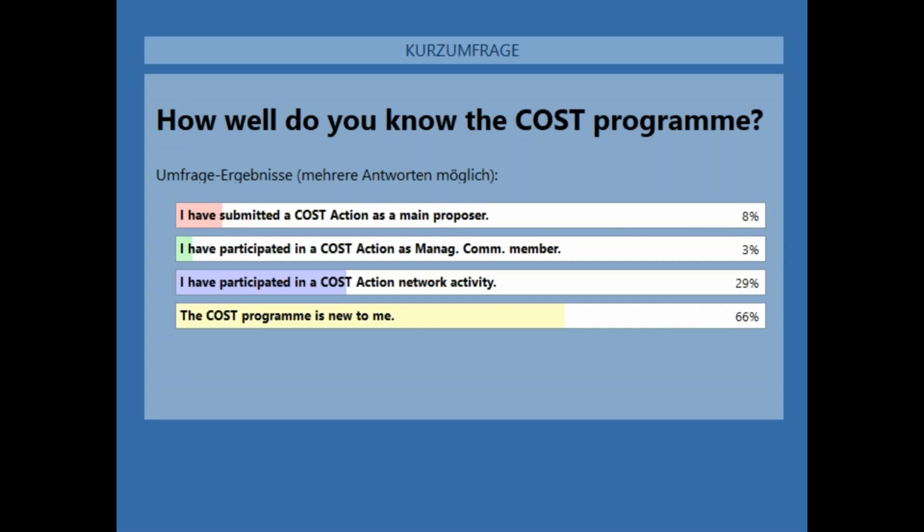Here you will see that the big majority of listeners today are newcomers to the COST program. We're always very happy to have new people joining and hearing how to get involved. Approximately 30% have already participated in a cost action network activity, and very few of you have actually submitted a proposal or participated in the management committee.